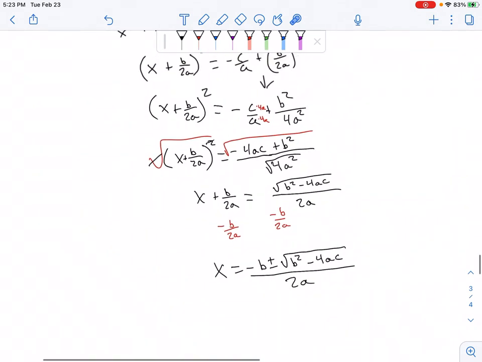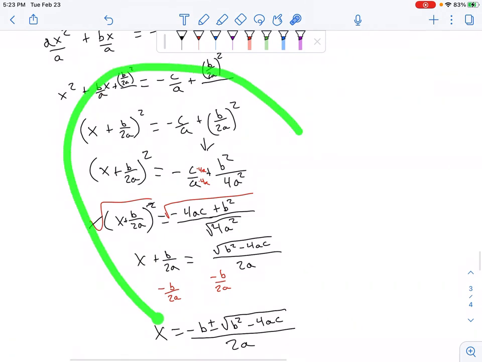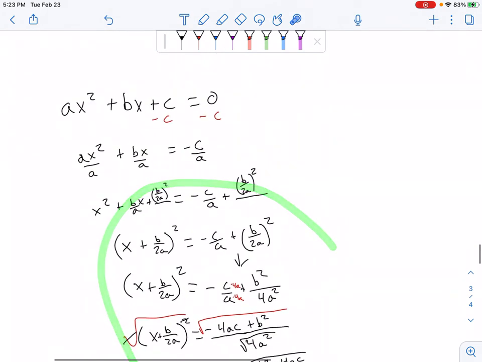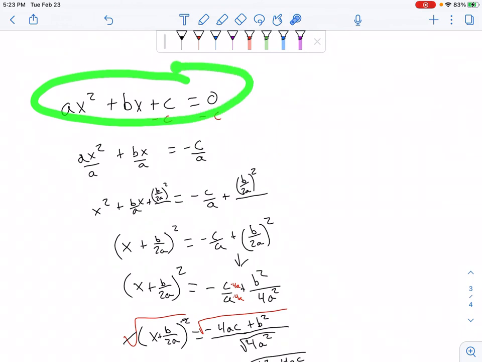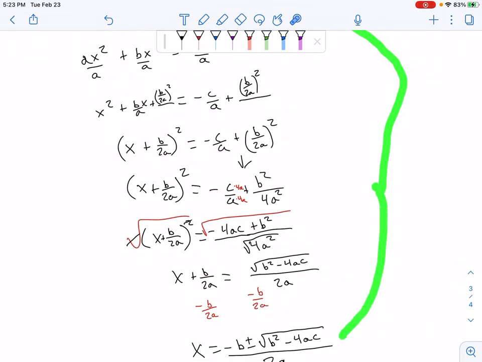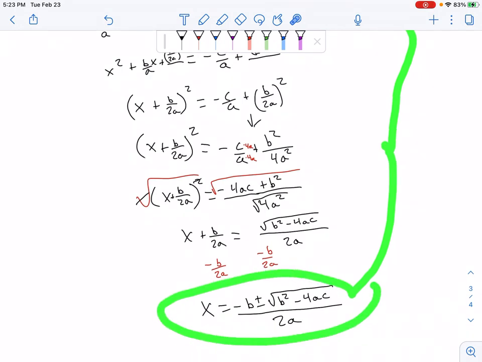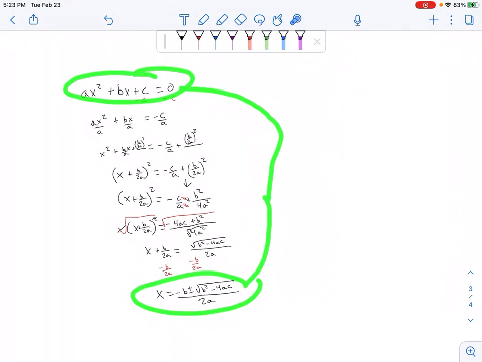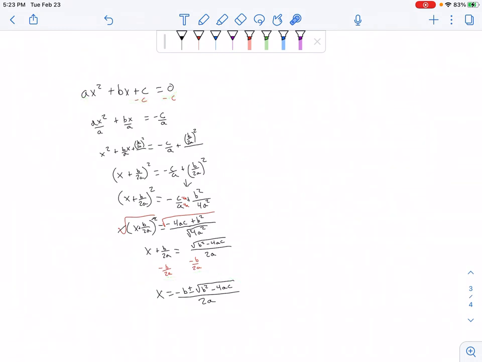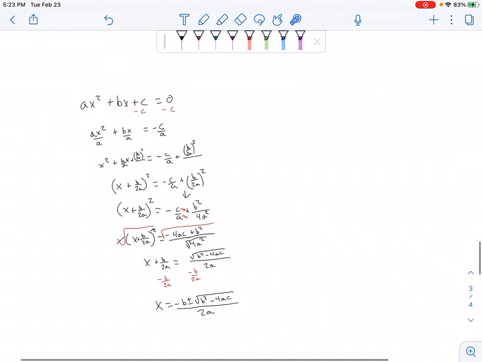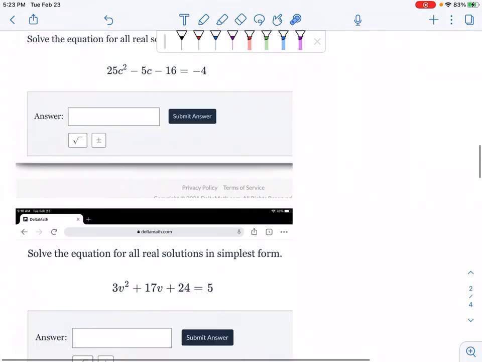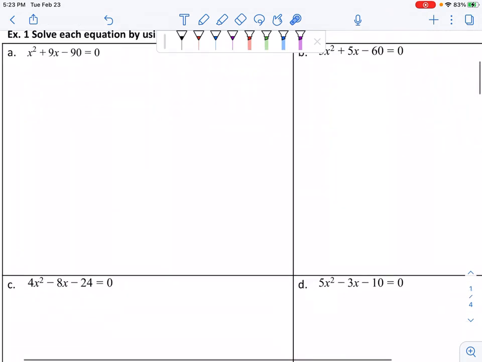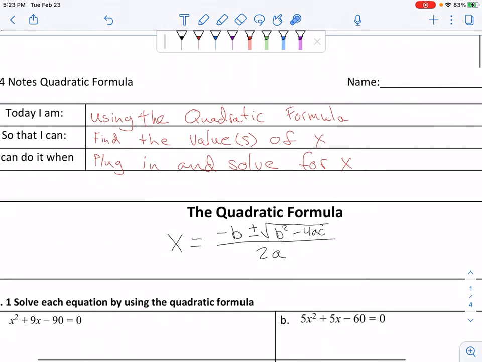So you don't have to learn how to do this abstract kind of math stuff, but essentially all of the math that takes place in between allows us to get x by itself. And that's where the quadratic formula comes from, or how we can derive it.